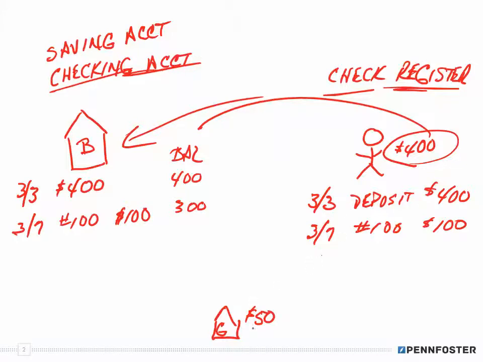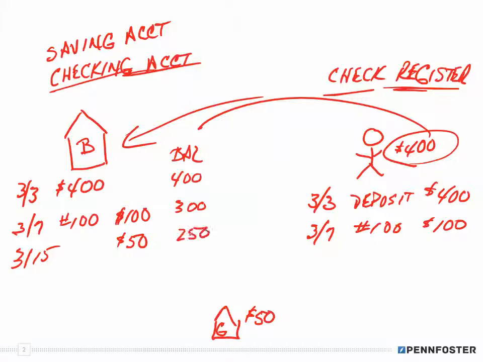So you go over to the grocery store, you buy $50 of groceries on your debit card. Immediately when you use that card, and let's say this happens on 3/15, because it's electronic, it accesses your checking account immediately.